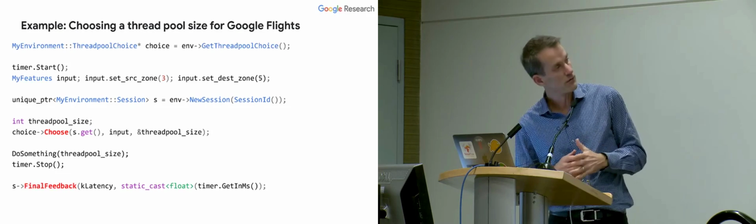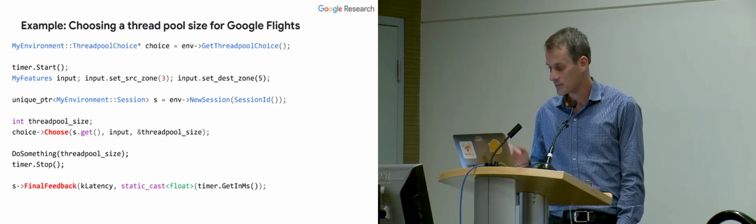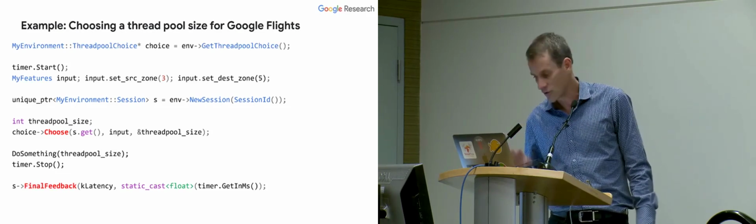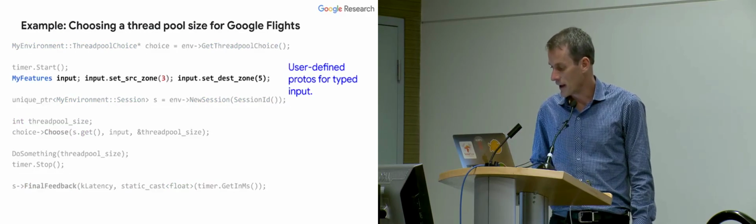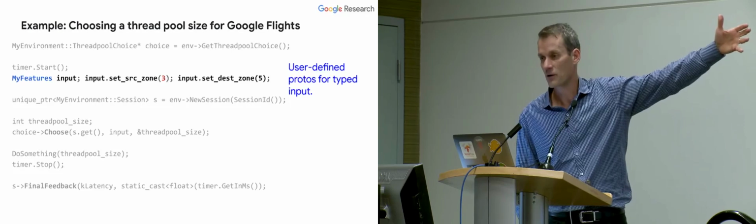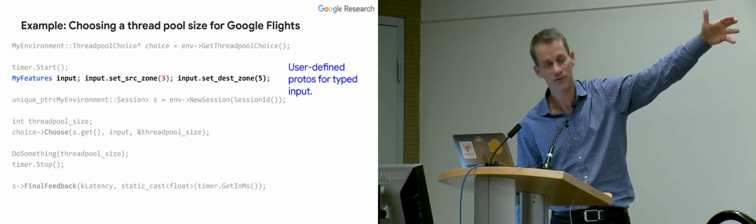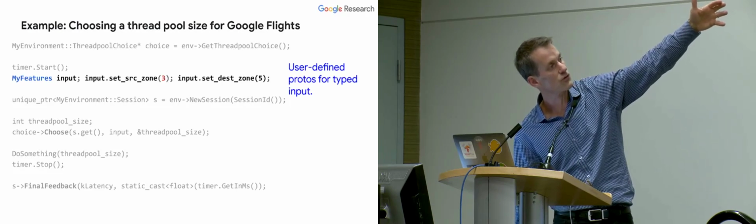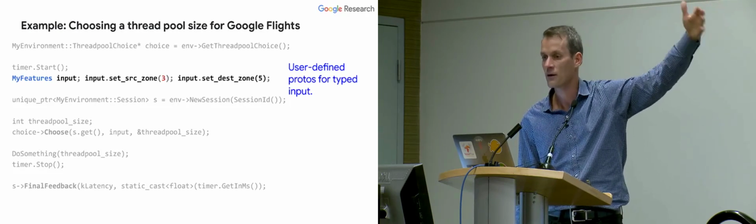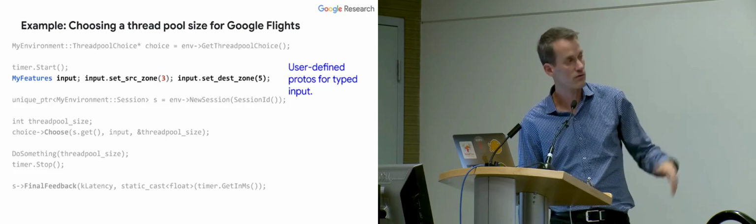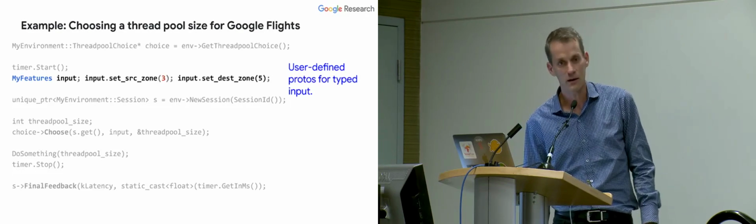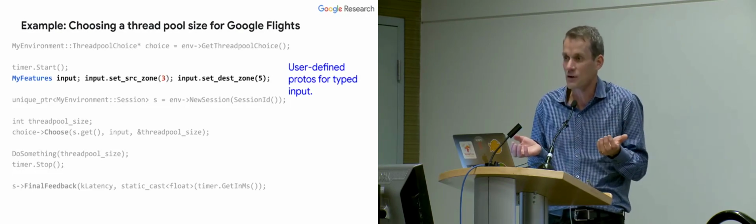So choosing a thread pool size for Google Flights, basically you say, I would like to get a thread pool choice object. Then we have features that are available when we're going to make this decision. And these are typically defined with protocol buffers. So in this case, we have a source zone and a destination zone for where the flights, the source city and destination city originate. Now, this is not something you would hand code in a heuristic.